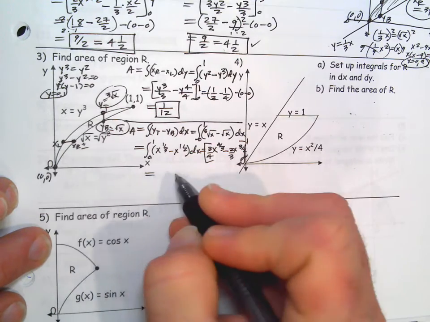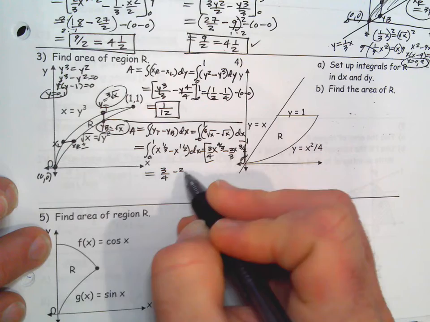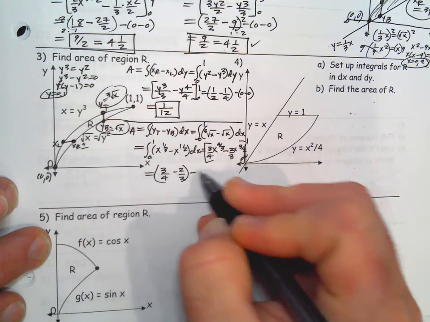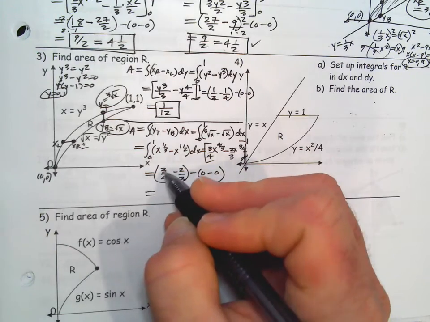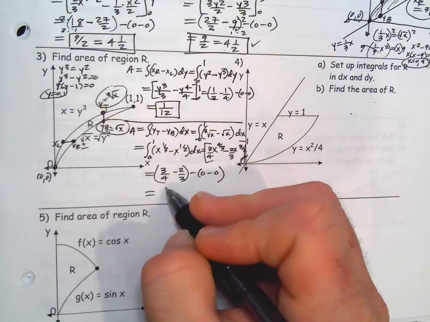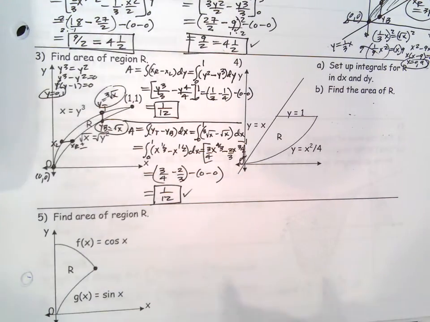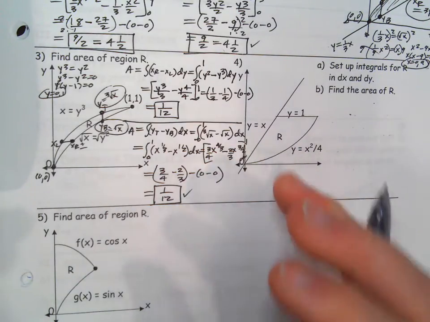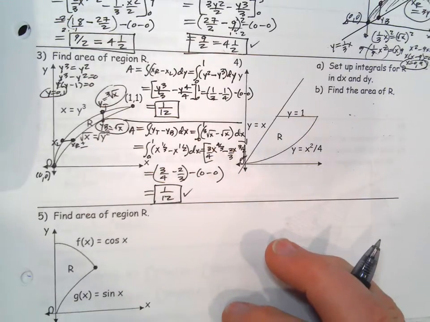So that's going to be 3/4 minus 2/3 minus 0 minus 0. That's going to be 9/12 minus 8/12 is 1/12. Same answer. That's good. You really probably want to try these both ways as much as you can to get really good at it and to also confirm you're getting the right answers.